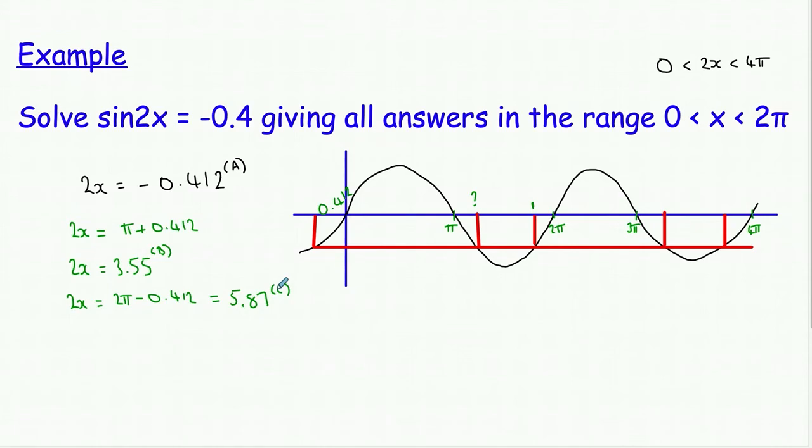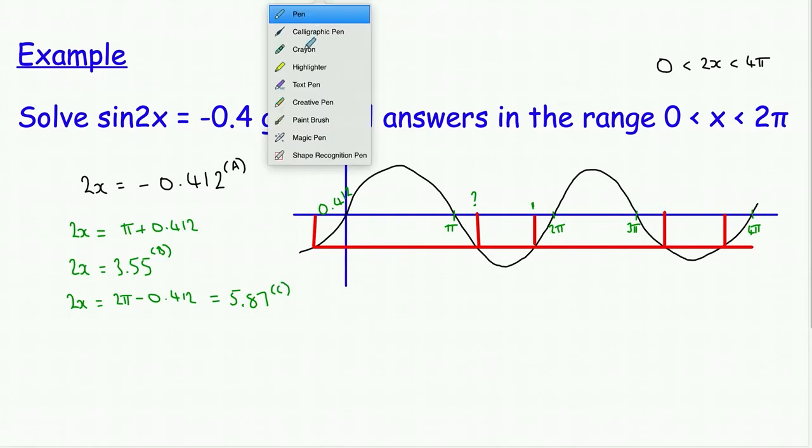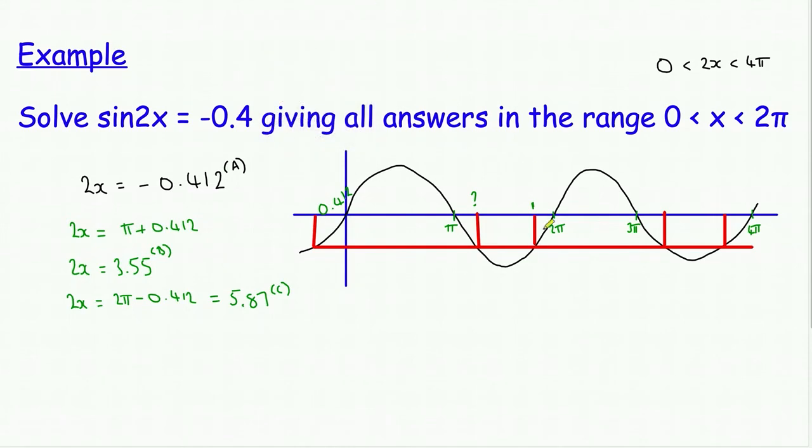So I've got in memory B 3.55 and in memory C I've got 5.87. To get the next two, what we're going to do is use the fact that the gap between this number and this number is exactly 2 pi because it repeats every 2 pi. So from this point all the way down, up and down again, I've travelled along that line, I've travelled 2 pi radians.